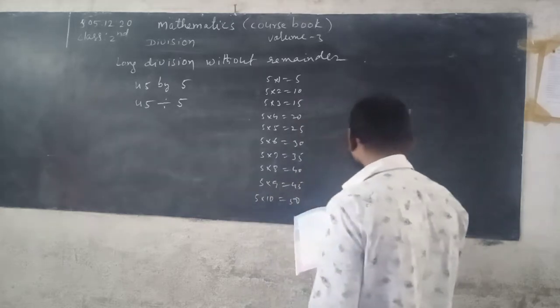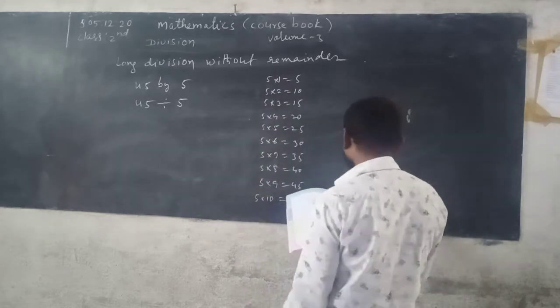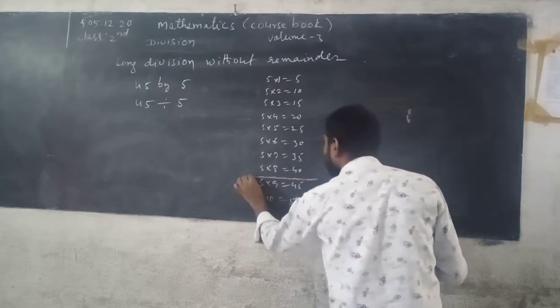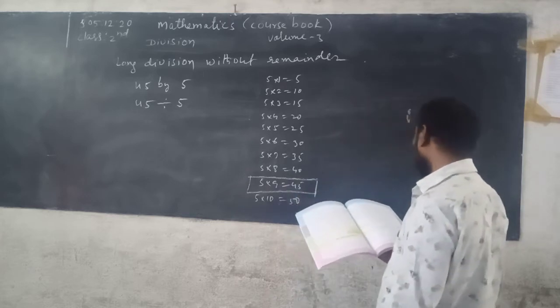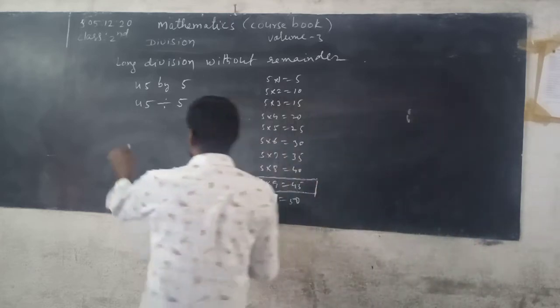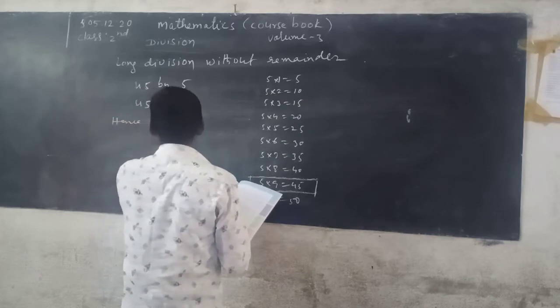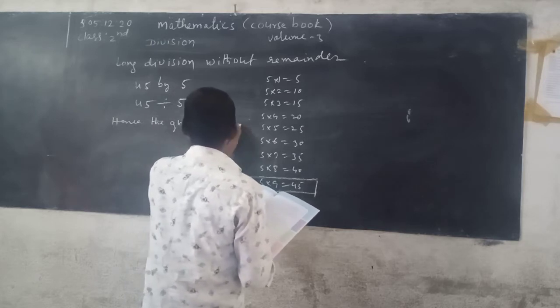So look into the table of 5, spot 45. It is 5 9s are 45. Hence the quotient is 9.